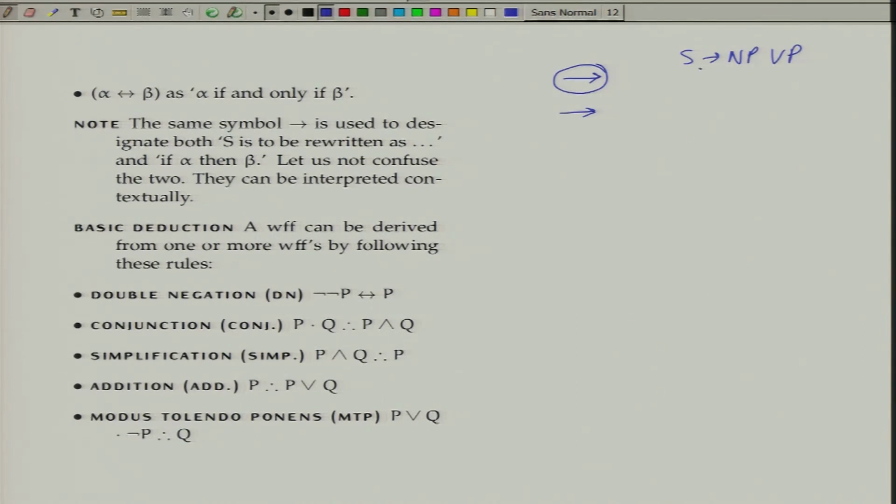So we can say that when we write alpha implies beta, it is to be interpreted as if alpha then beta. So in short we call it implication. We say that alpha implies beta. So we need to interpret this thing contextually.